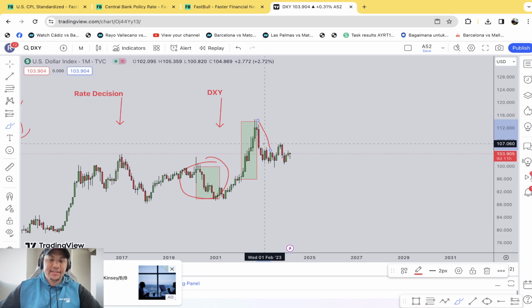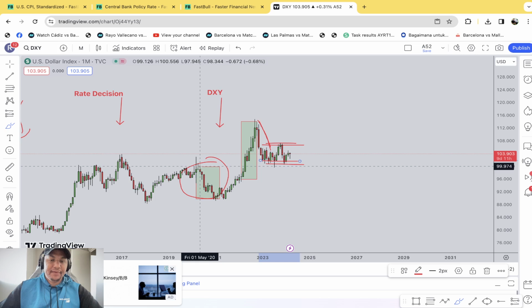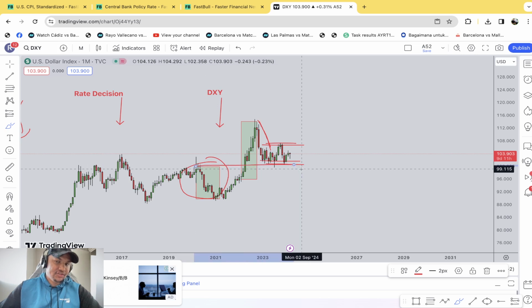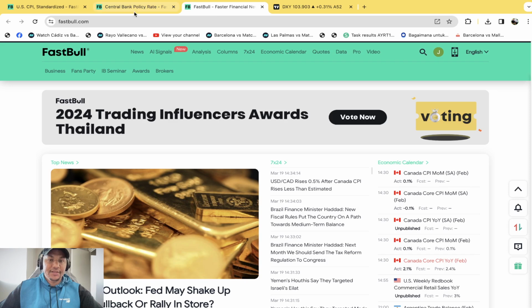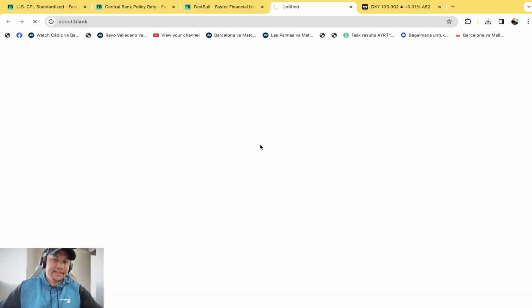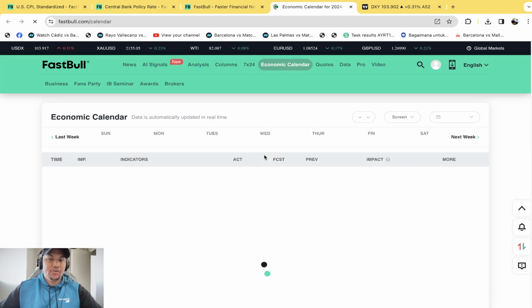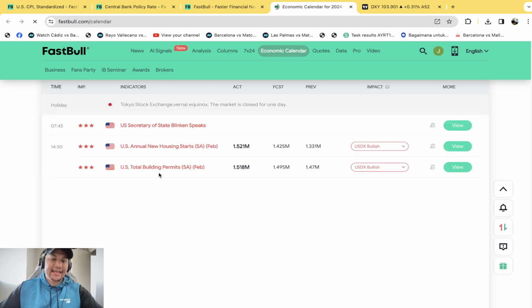So because of that, the dollar index has now basically traded within this range. We saw the dip, and now we can see the dollar index has basically pulled back to pre-pandemic levels where we were in 2020. That's basically where the index was at one point, and the only thing we're waiting for now is to see whether or not the Feds are going to hike the interest rate.